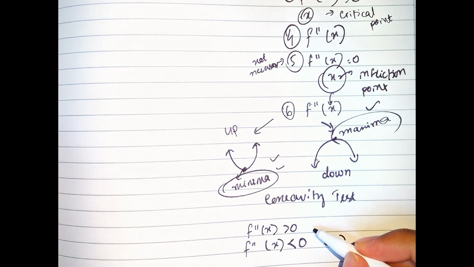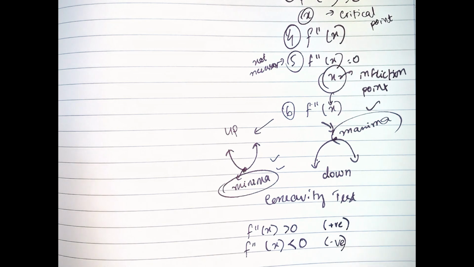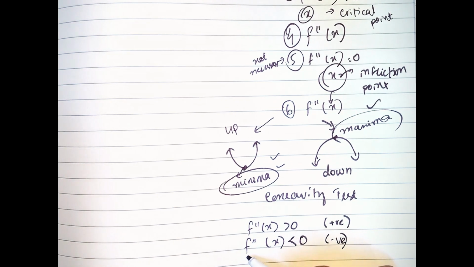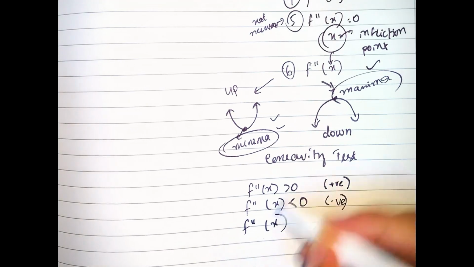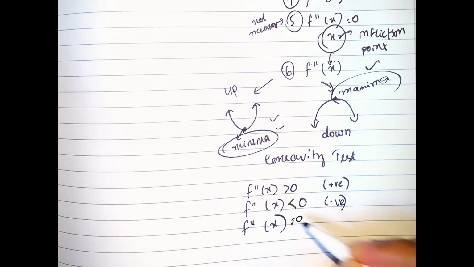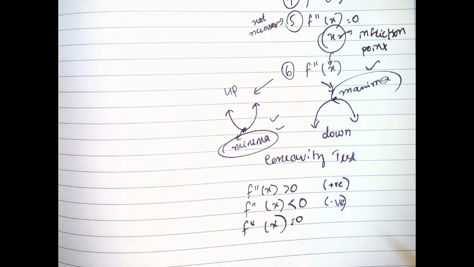And for the minima case, for the concave up case, the value will be positive. But if the second derivative test at the critical point is equal to 0, then the test is inconclusive, i.e., you cannot draw any conclusions from it. You will not get the value of minima or the maxima from that graph.